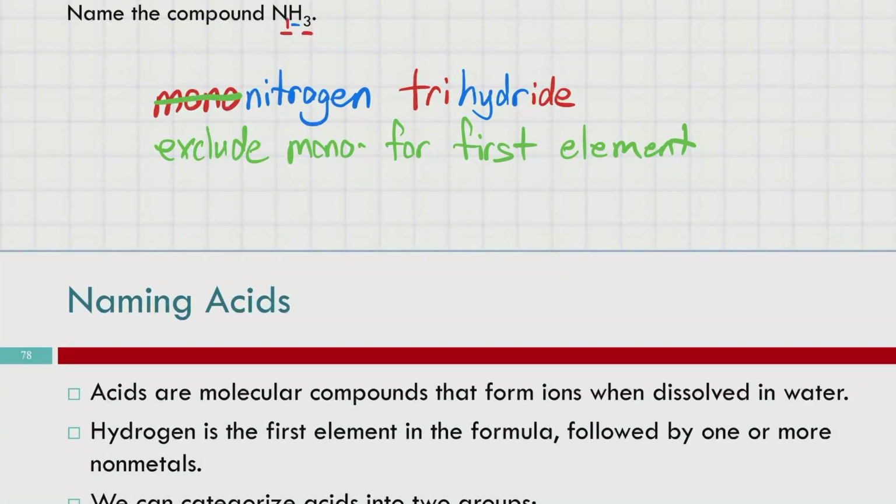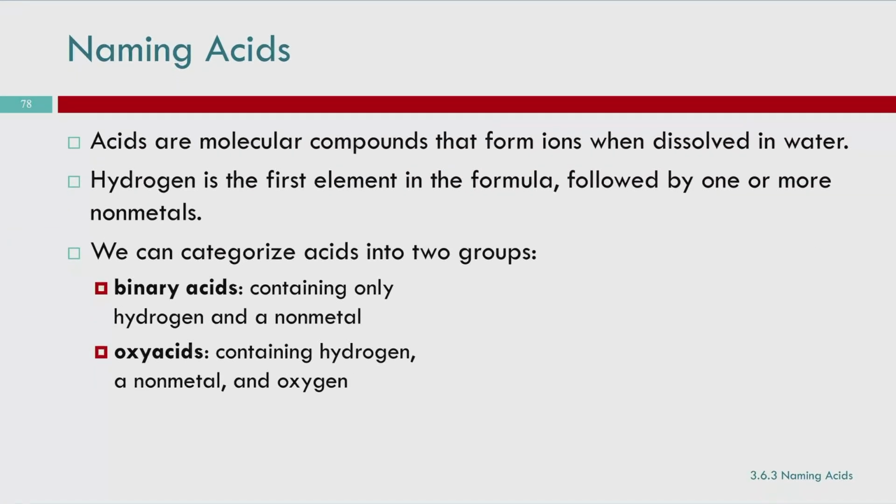Our third group, the last group for nomenclature that we're going to go over, is acids. Acids are a specific type of molecular compound. So what is in an acid? What kind of elements are in an acid if they're a type of molecular compound?